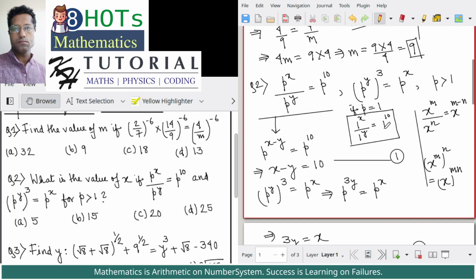This equation will be valid for any value of x and y. So there are infinite values of x and y for which this equation will be true. So there will be no specific values of x and y. Specific values of x and y is also said to be a specific solution, or one solution, or single solution.